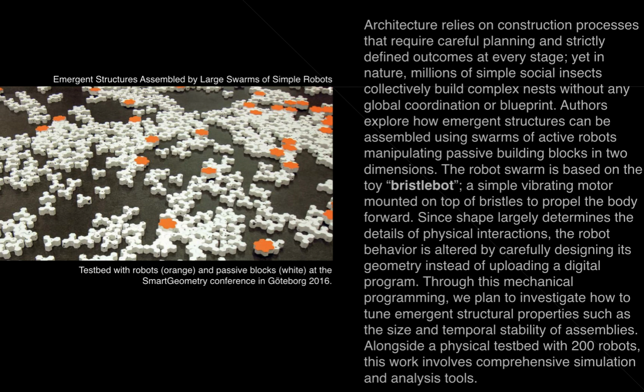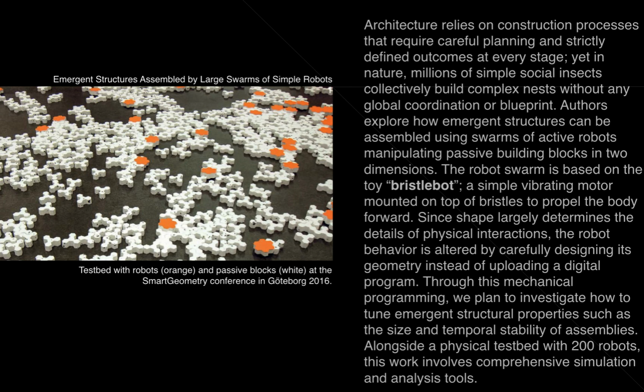Yet in nature, a million simple social insects collectively build nests without any global coordination. The authors of this paper explore how emergent structures can be assembled using swarms of small active robots manipulating passive building blocks in two dimensions.